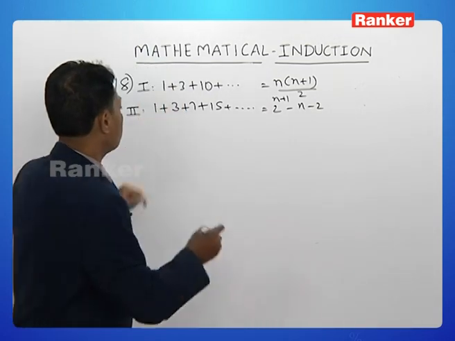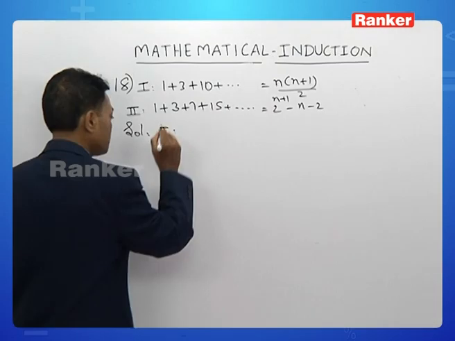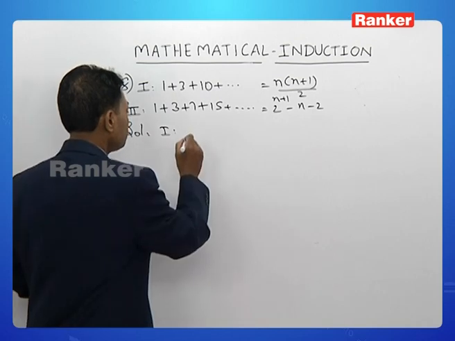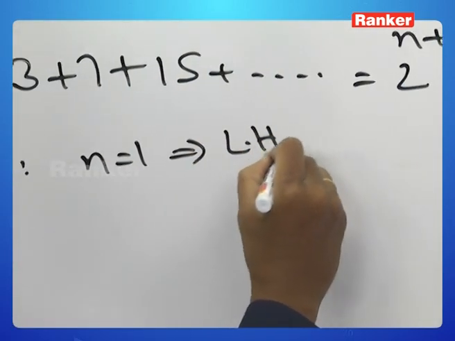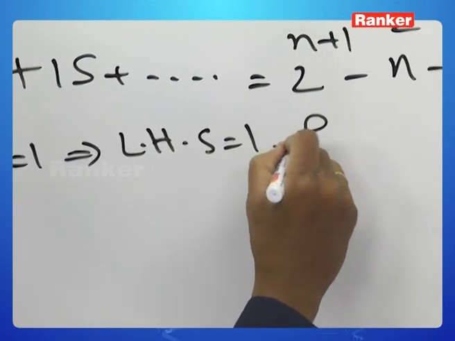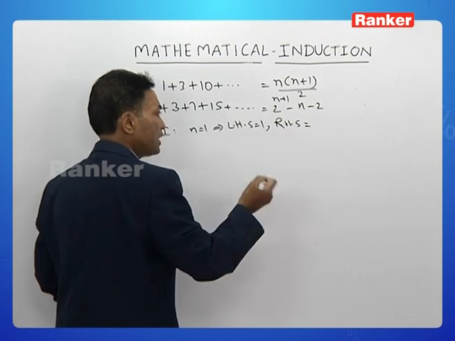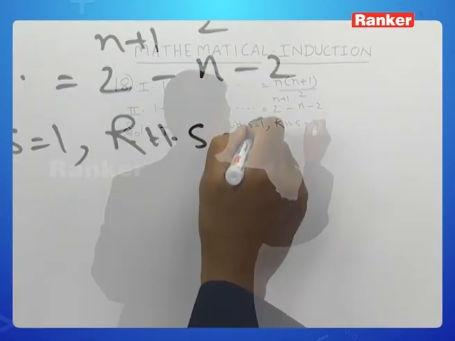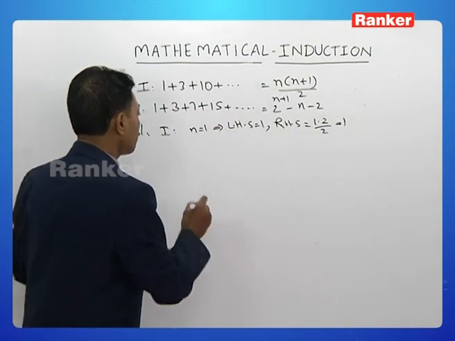First we will verify statement 1. Put n is equal to 1, LHS is 1, right? What is RHS? 1 into 1 plus 1 by 2, so this is also 1. Now n is equal to 2.